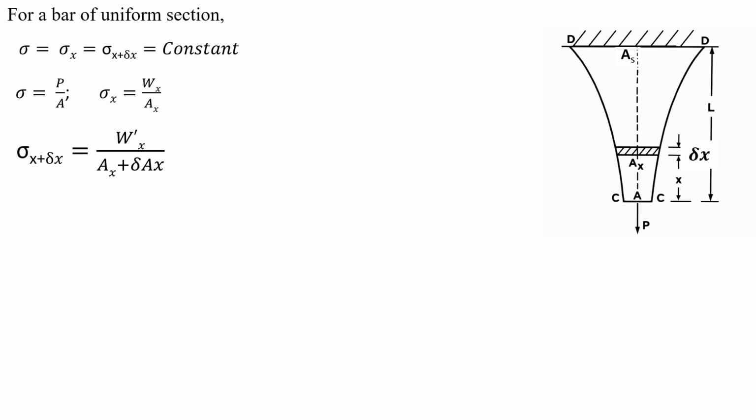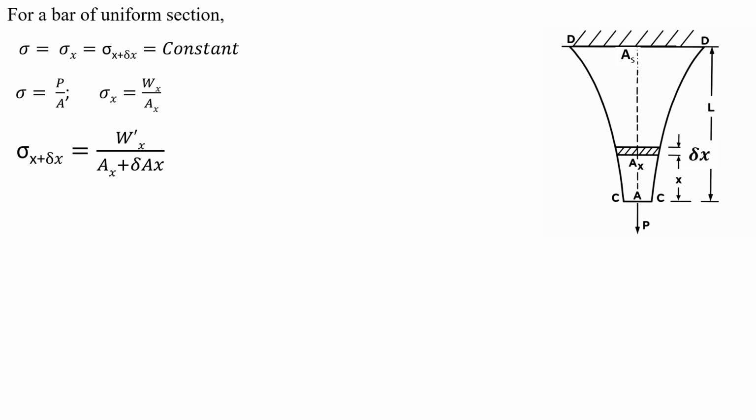Similarly, the stress at the lower end of the elementary section is the force on the lower end, let's consider Wx, divided by the cross-sectional area of the lower end of the elementary section, that is Ax.